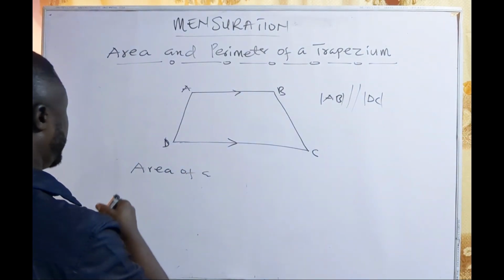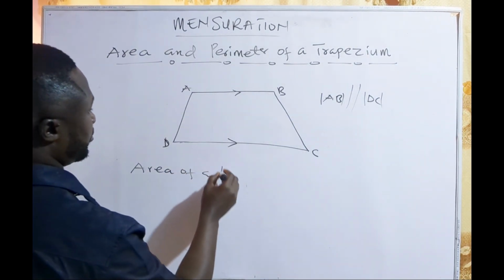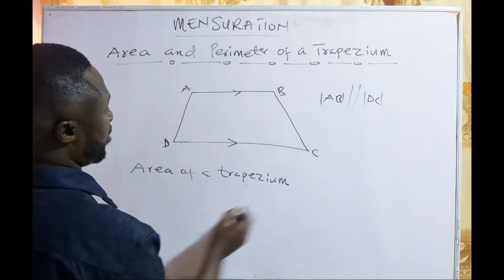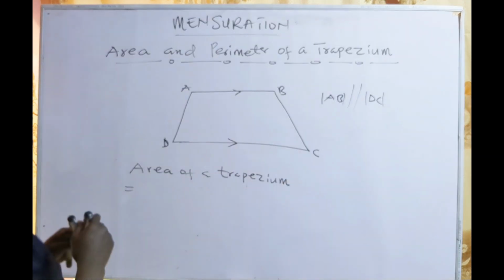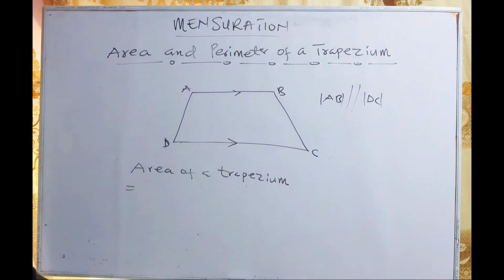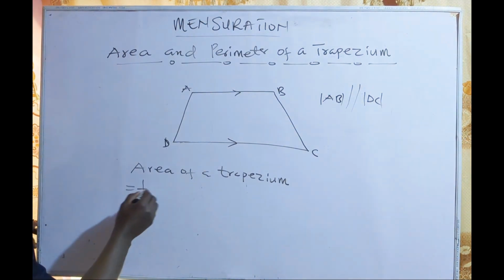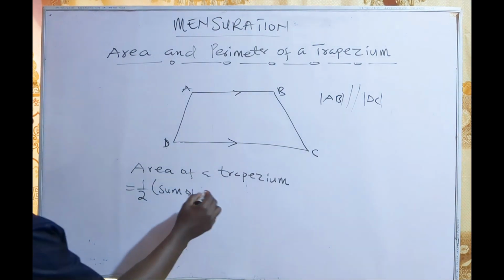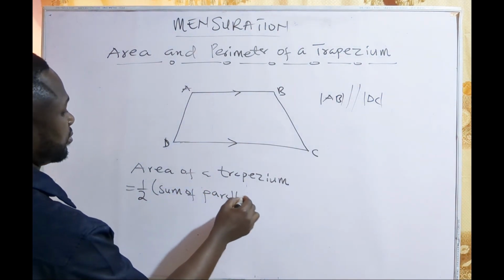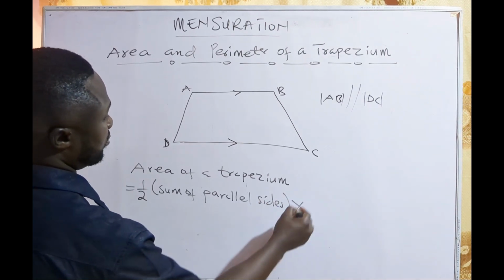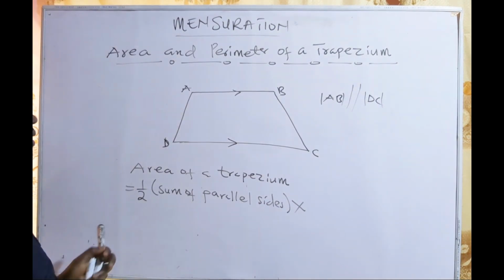All right, so area of a trapezium. Okay, so if you want to calculate the area of a trapezium, we say the area of a trapezium can be calculated as what? Half multiplied by the sum of the parallel sides multiplied by the height.